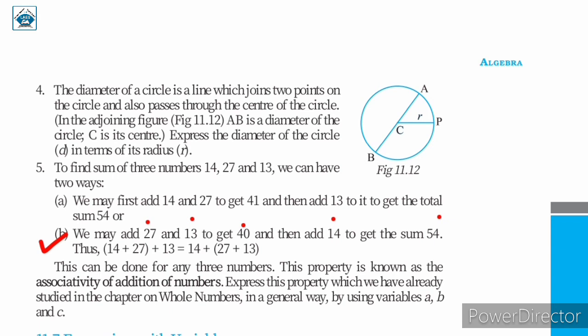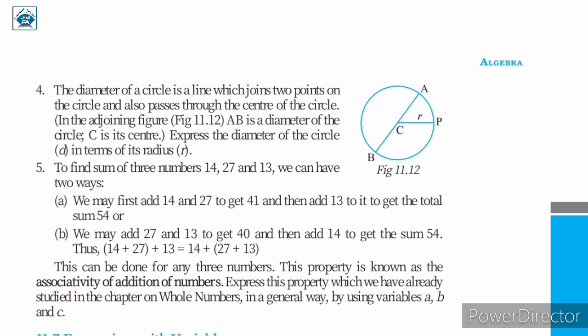Thus, 14 plus 27 plus 13 is equal to 14 plus 27 plus 13. This can be done for any three numbers. This property is known as the associativity of addition of numbers.